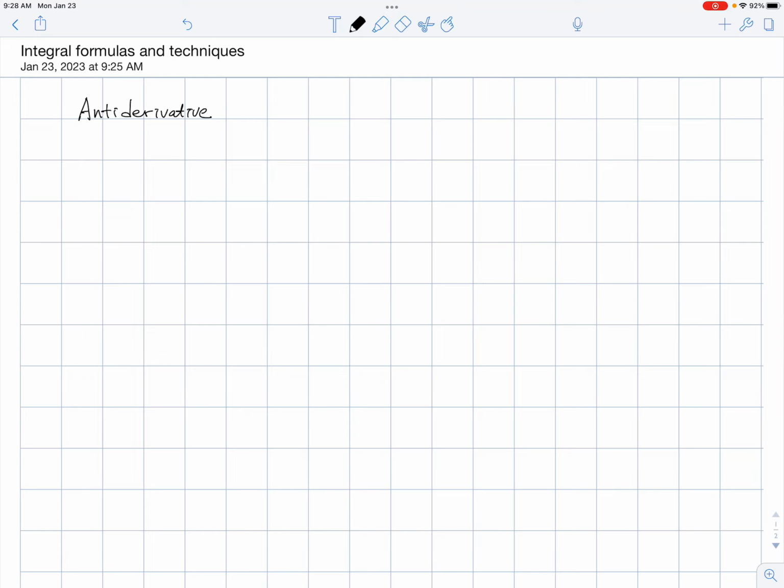So if I say capital F is an antiderivative of another function, little f of x, then that means when you differentiate the capital F, you can write it as d/dx F(x) equals f(x). The derivative of capital F is equal to little f.